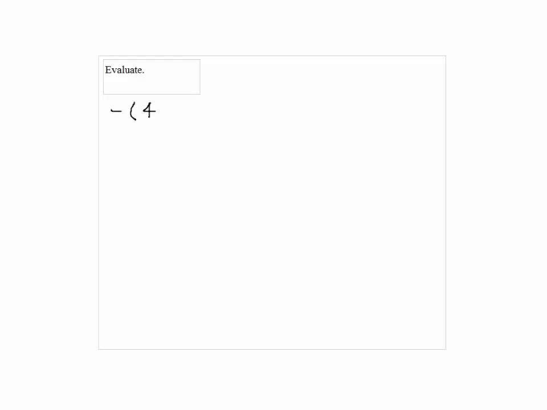Evaluate minus 4 times (4 plus x) to the power of 0. So this is like a minus 1 times, in the parentheses, 4 plus x to the power of 0.